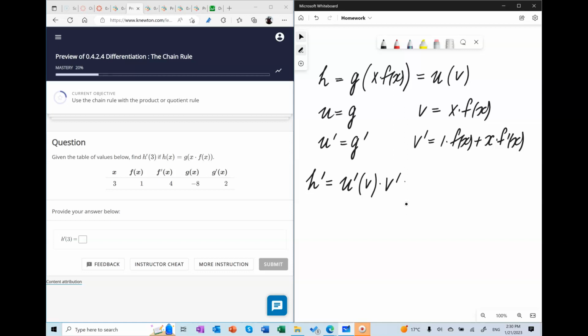And in our case we have u prime, it's the g prime, but g prime will be evaluated at v, but v is x times f of x, and all that's going to be multiplied by v prime, which is f of x plus x times f prime of x.